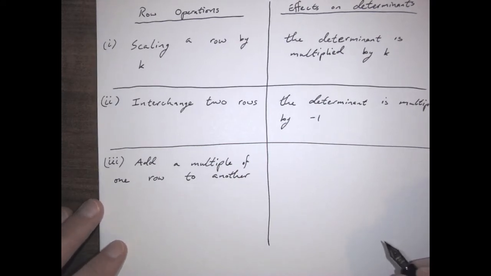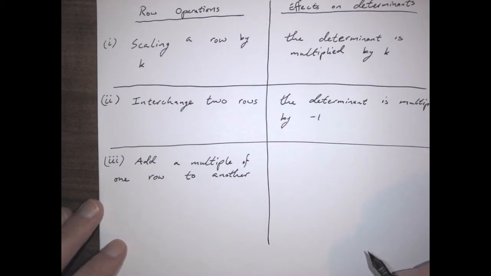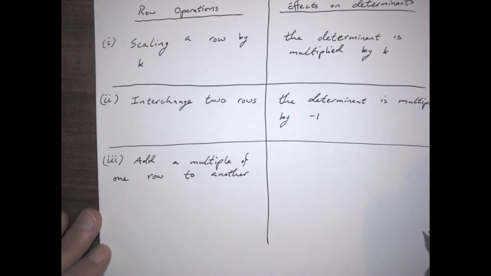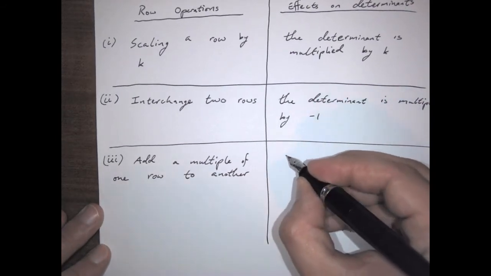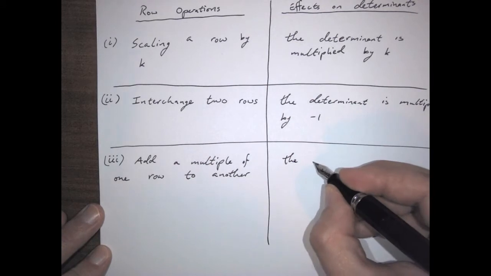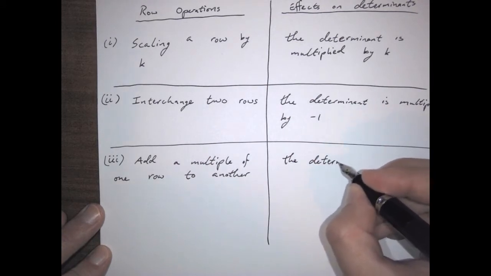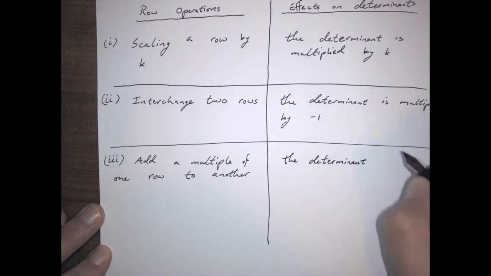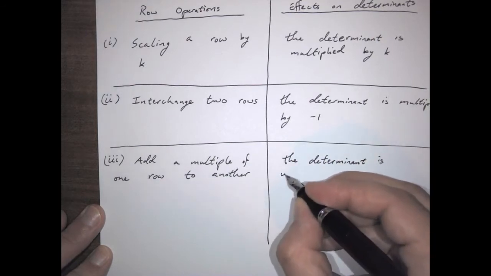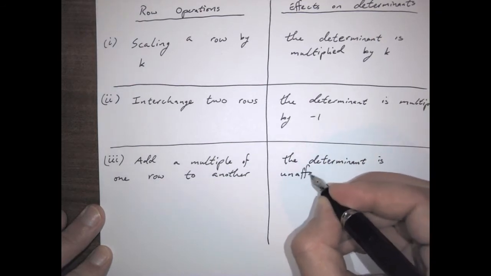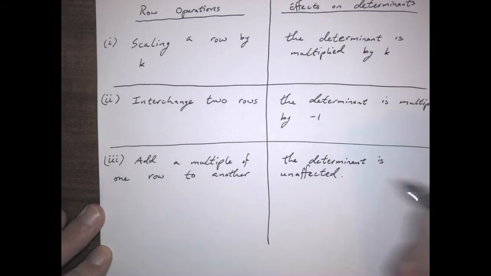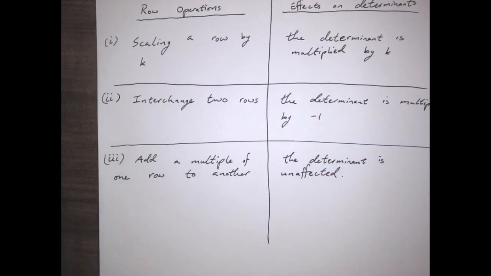You might think, oh, okay, well, probably I would have to multiply it by whatever that factor was, etc., etc. But nope, the most surprising thing of all happens, nothing. So the determinant is unaffected. The determinant is unaffected by this.